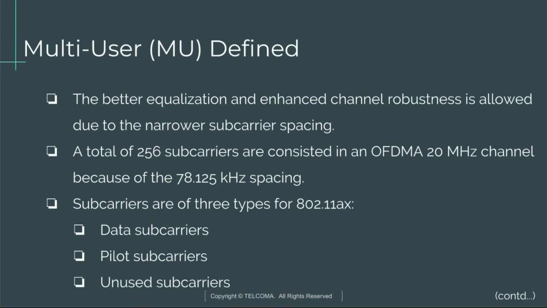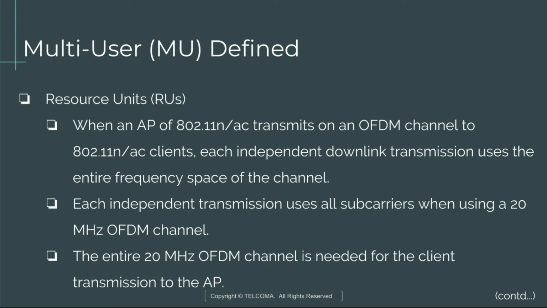Better equalization and enhanced channel robustness are allowed due to the narrower subcarrier spacing. A total of 256 subcarriers are contained in an OFDMA 20 MHz channel because of the 78.125 kHz spacing. Subcarriers are of three types for 802.11ax: data subcarriers, pilot subcarriers, and unused subcarriers.